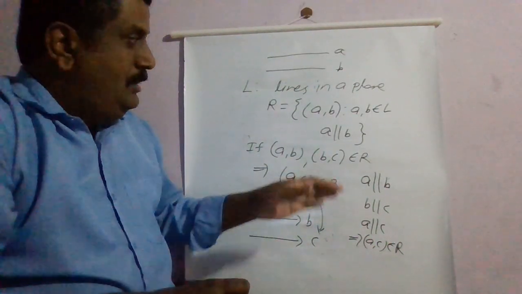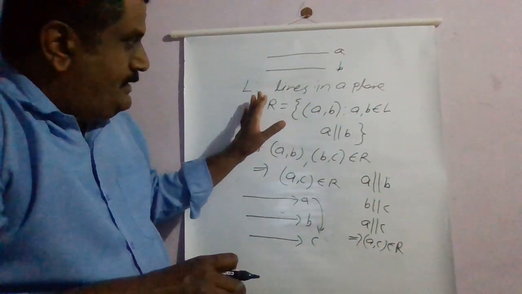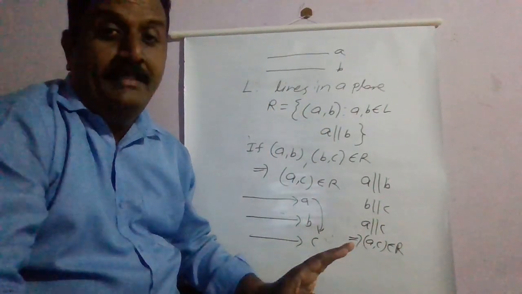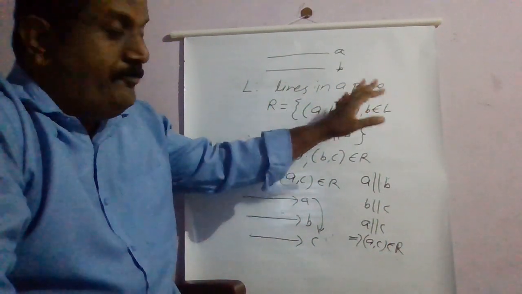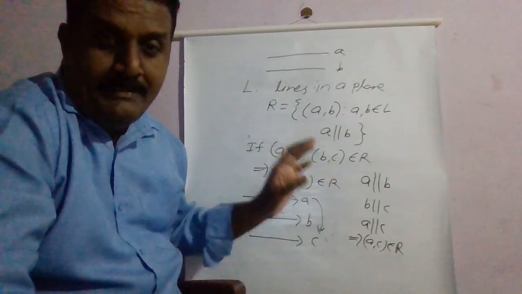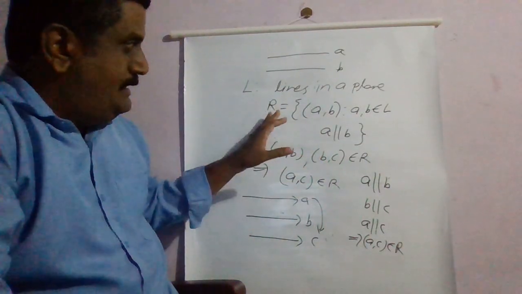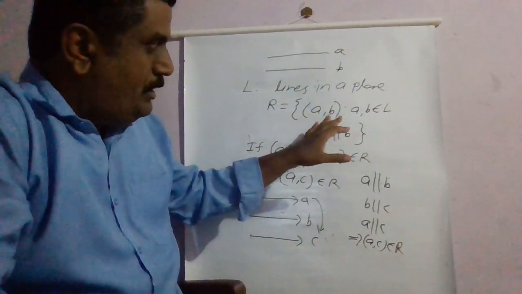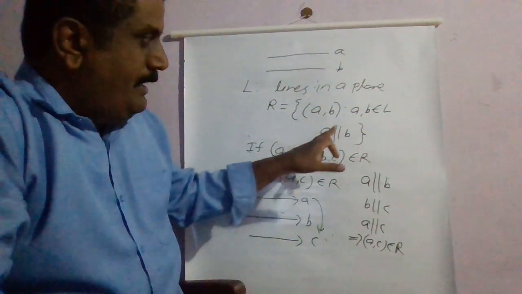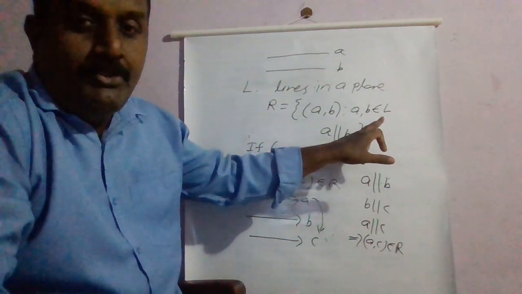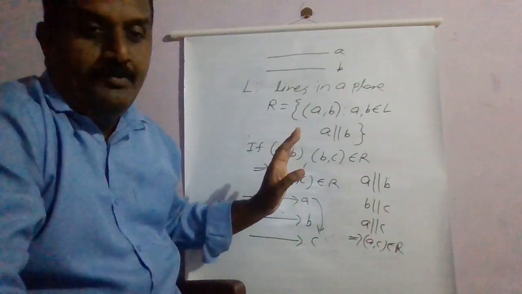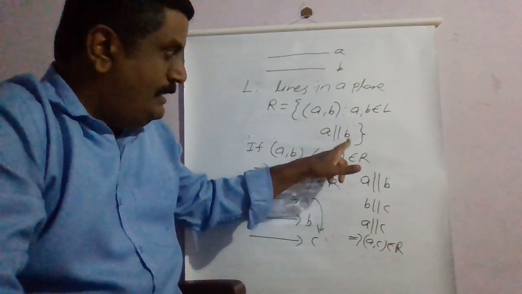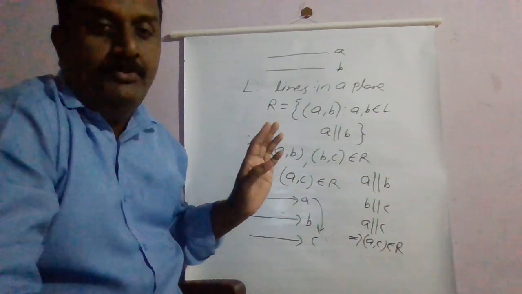Here the set is the set of all lines in a plane. In that set, the relation is defined as the set of all ordered pairs AB such that A and B are both lines and A is parallel to B. That means if A is parallel to B, then only it belongs to the relation.